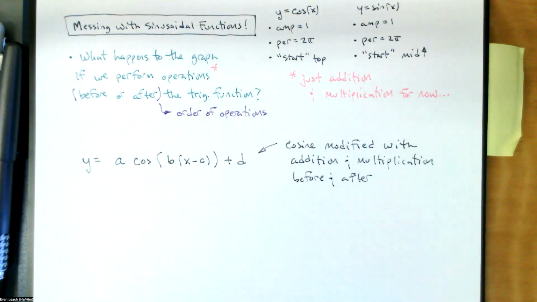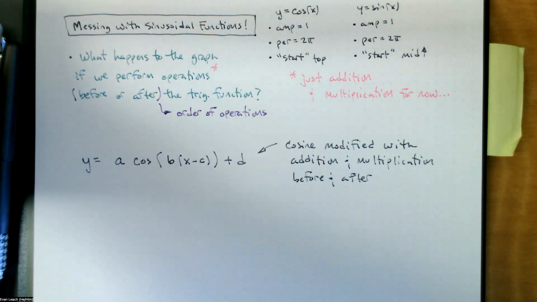So here's a cosine modified with addition and multiplication before and after. A and B are multiplication modifications. C and D are addition modifications.